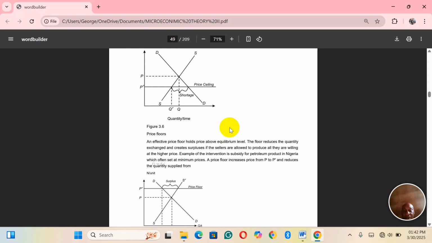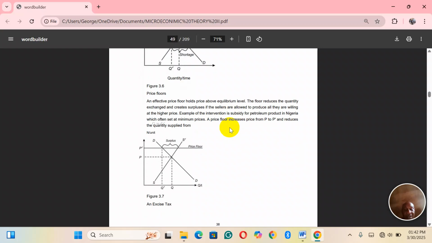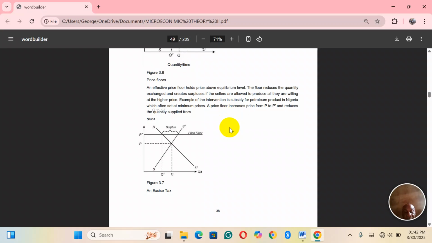A price floor increases price from P to P prime, and also reduces the quantity supplied. Then you can see it there. We see the first one, the deficit, which is the shortage, and the second one we see the surplus at a higher price that is given at the price floor.